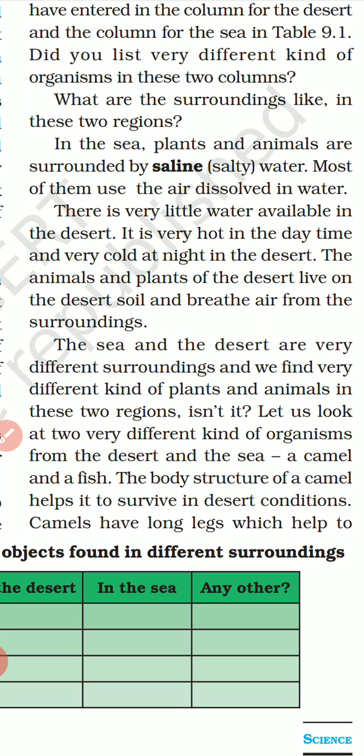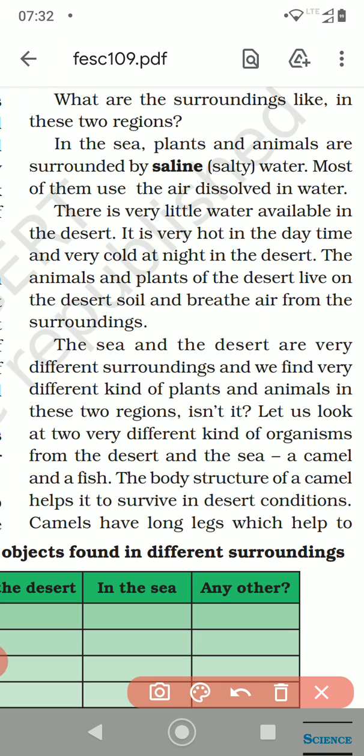So let us look at two very different kinds of organisms, from the desert and the sea. Which animal from the desert? A camel. An animal from the sea is a fish.